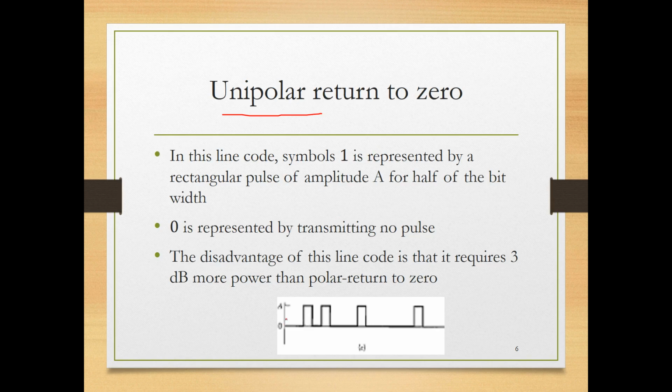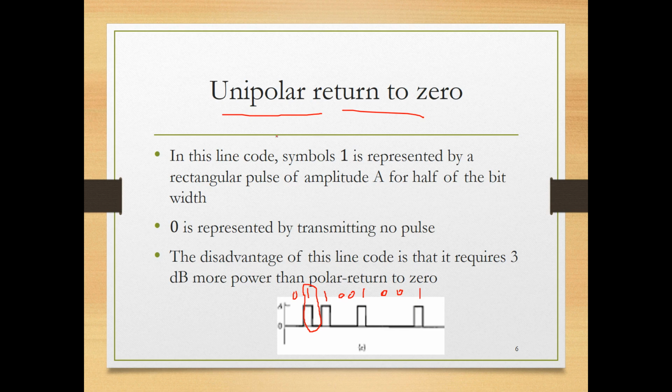So, for example, this signal, you have 0, 1, 1, 0, 0, 1, 0, 0, 1. 1 is actually this pulse. See, I'm highlighting it. As you can see, part of it is positive and the other half goes to 0. That's why we call it return to 0.